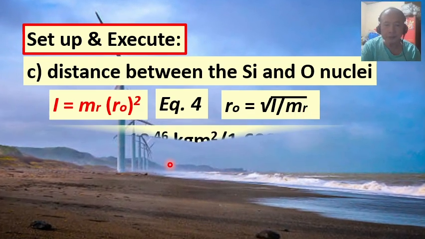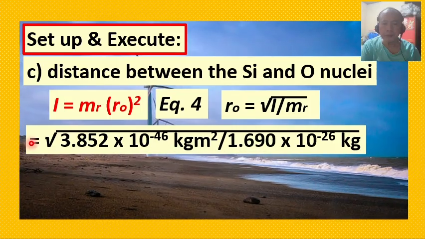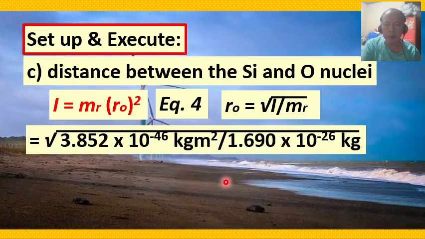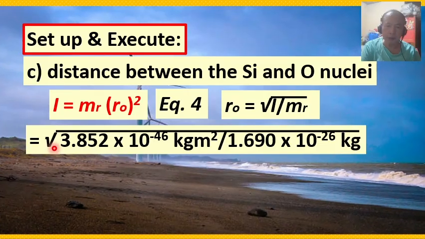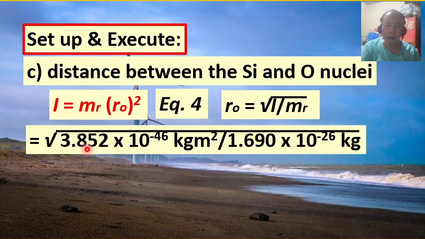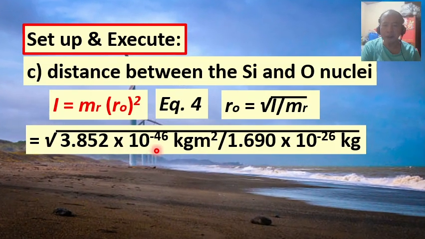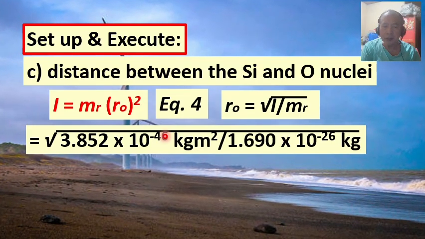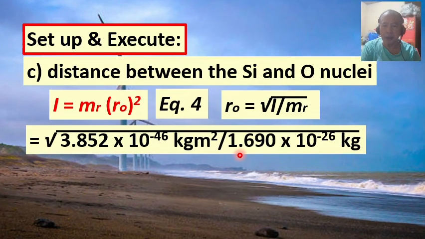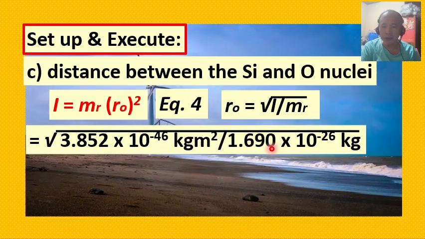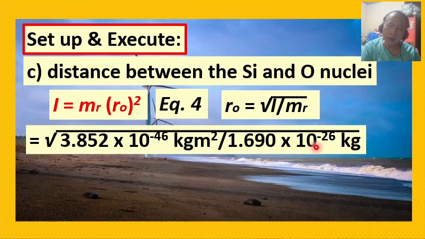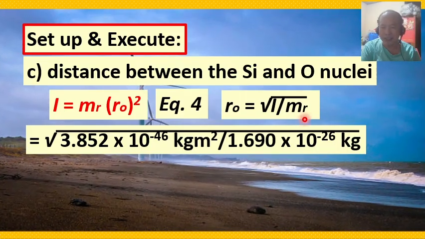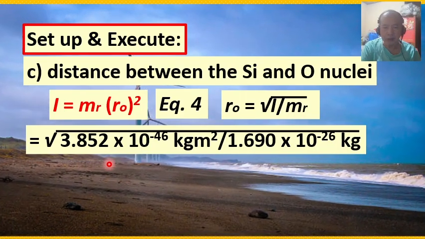That is, the value of r sub naught equals the square root of 3.852 times 10 raised to the negative 46 kilogram meter squared, that's the value of capital I, divided by 1.690 times 10 raised to the negative 26 kilogram, which is the value of the reduced mass.